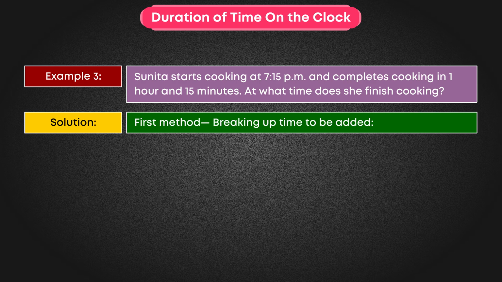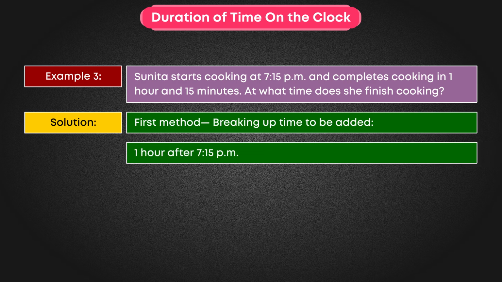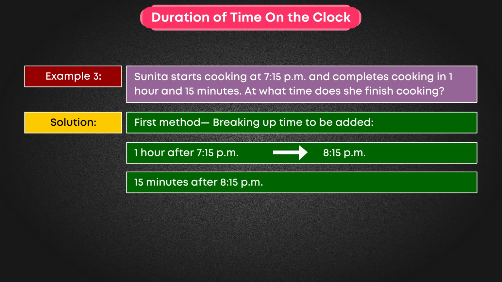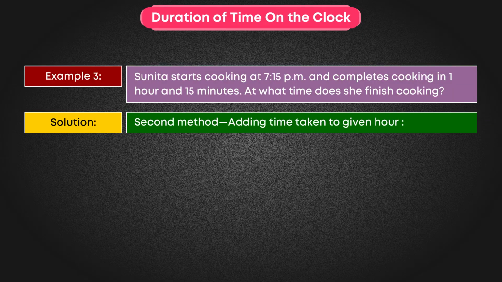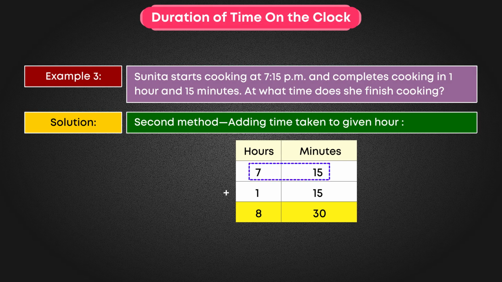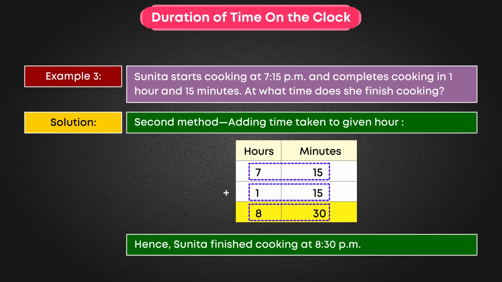Breaking up time to be added. 1 hour after 7:15 p.m. is 8:15 p.m. 15 minutes after 8:15 p.m. is 8:30 p.m. Second method. Adding time taken to given hour. 7 hours 15 minutes plus 1 hour 15 minutes is equal to 8 hours 30 minutes. Hence, Sunita finished cooking at 8:30 p.m.